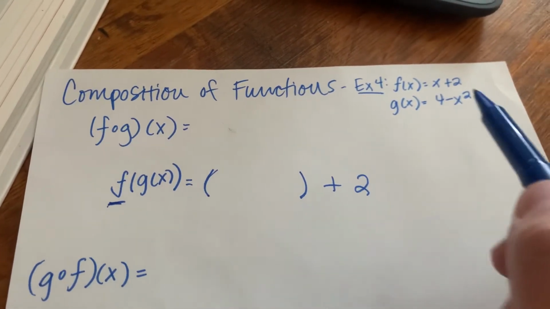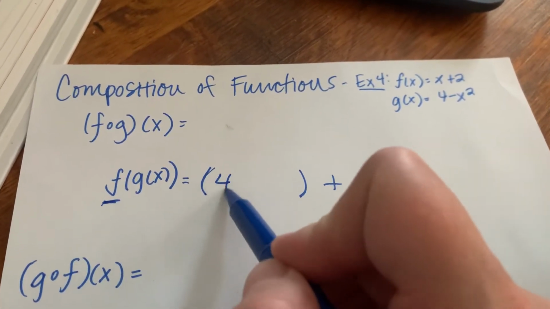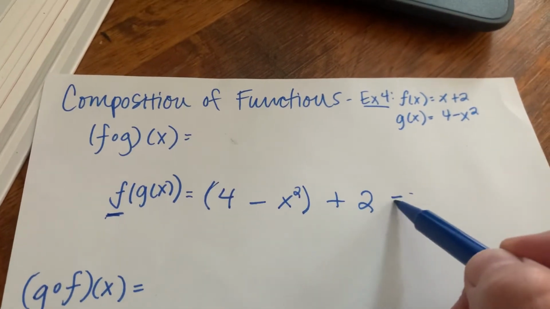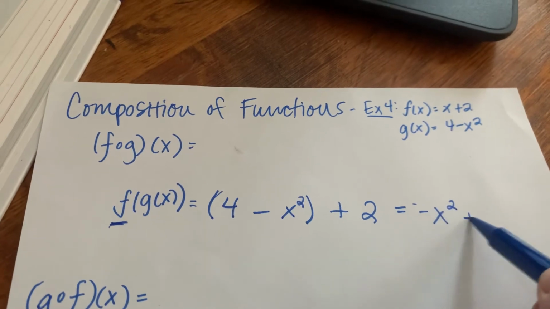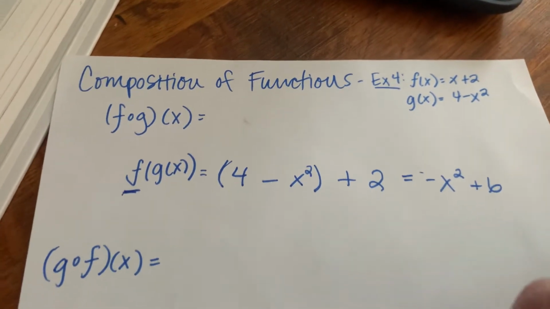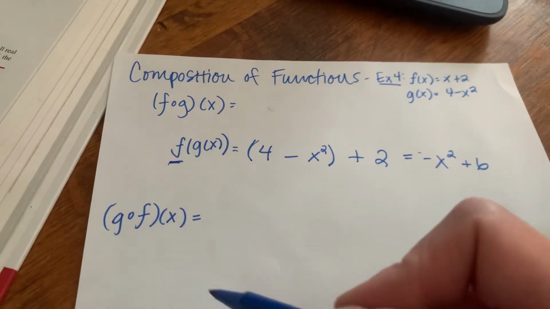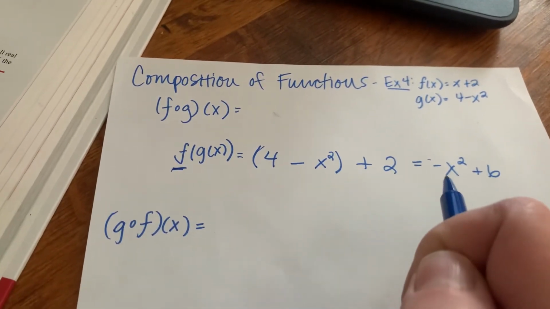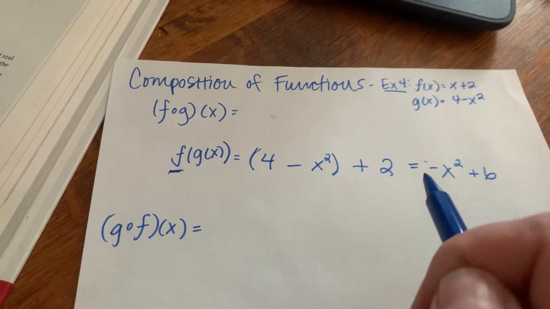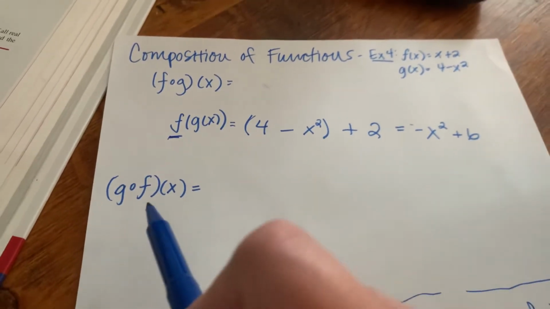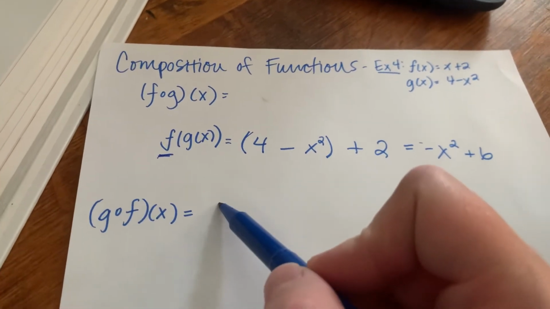You're putting an entire other function inside of your function. And what do you get? That's it. So it's like you're applying a function and then applying another function, and then you're doing it at once to just get a new function that is the same result as if you applied a function after another function.